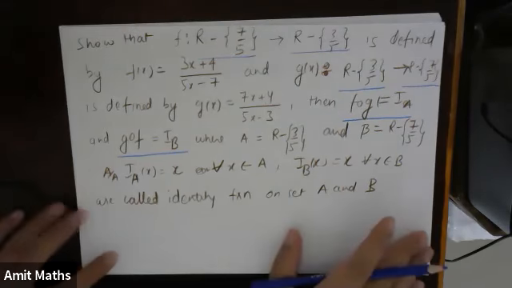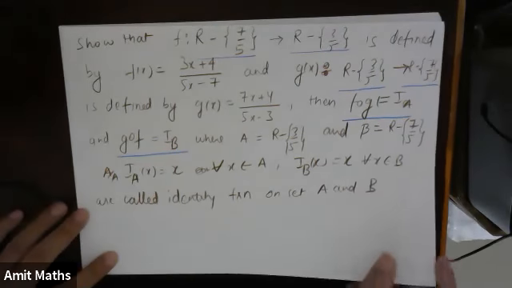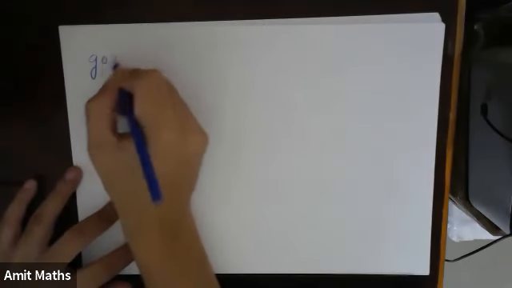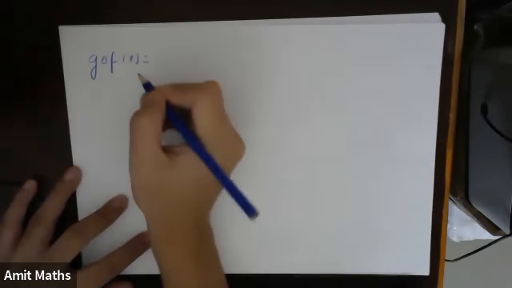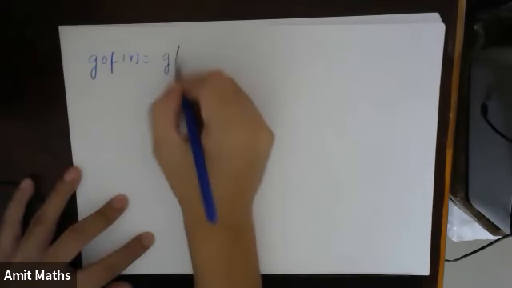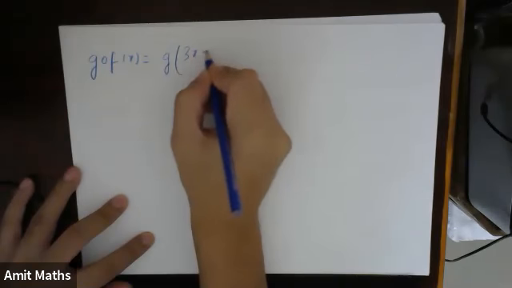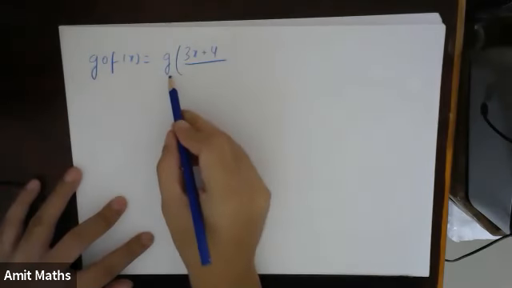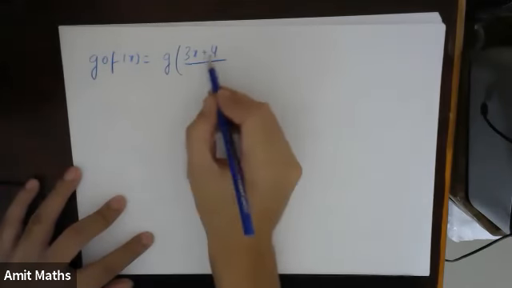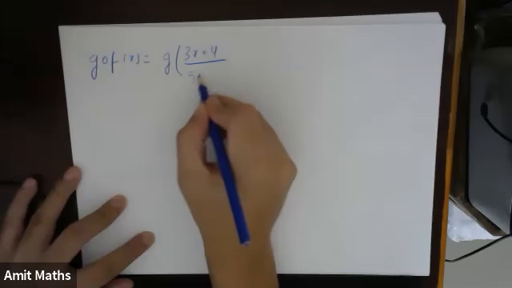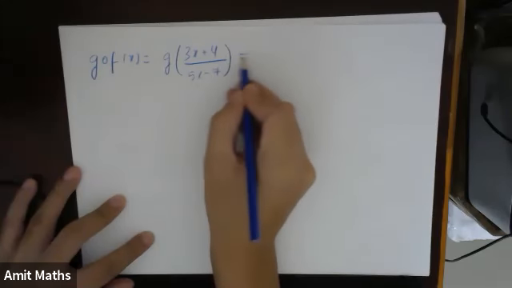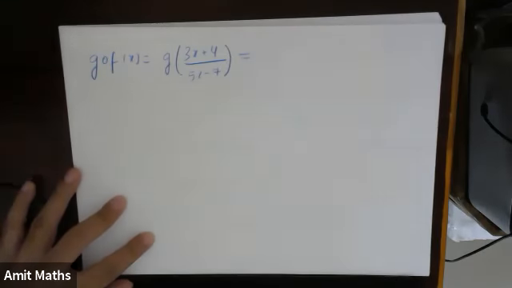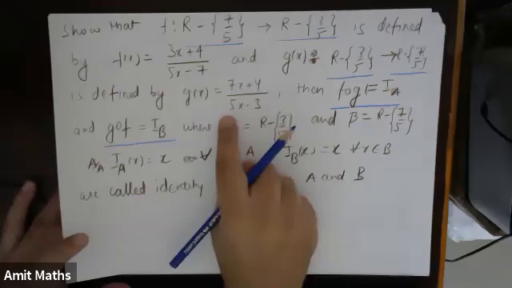To find GOF, I'll take this page. You find GOF of x. That means g of 3x plus 4 upon 5x minus 7. You just have to substitute, instead of x in g, 3x plus 4 upon 5x minus 7. The function g was 7x plus 4 upon 5x minus 3.